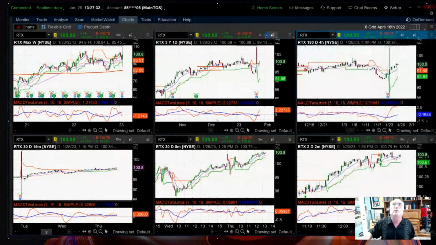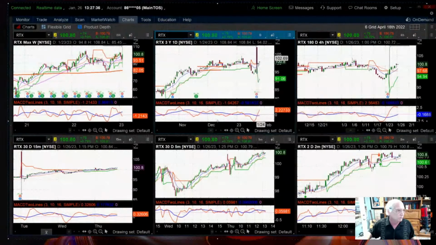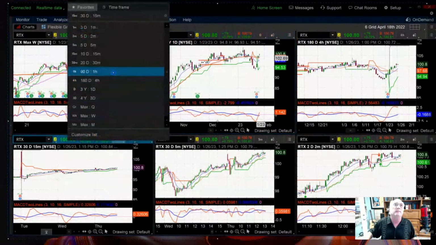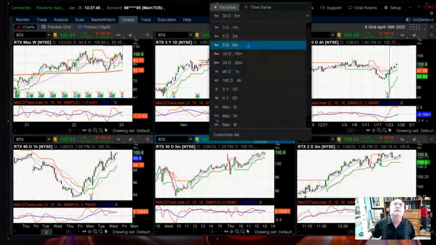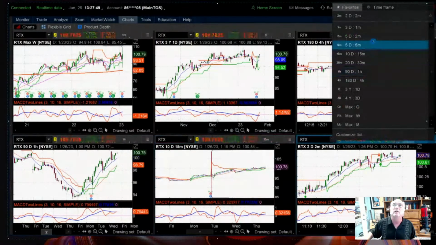And like I said, that stupid thing messed up everything. Like an hourly, a 15, and a 5. That gives me sort of a perspective of the stock.